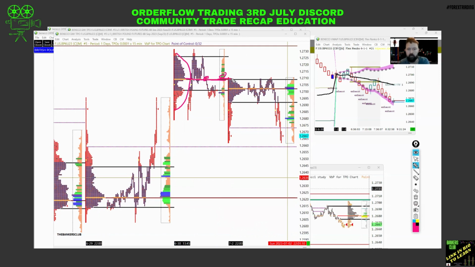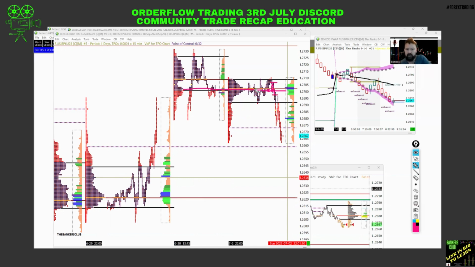In amongst this point of control, you can see we opened here, came down up in Asia, respected that point of control, up again, respected that point of control. We've got the value here of that upper distribution. You can see that got respected there and pretty much respected there. We then came up, made a lower high and traded back down below.